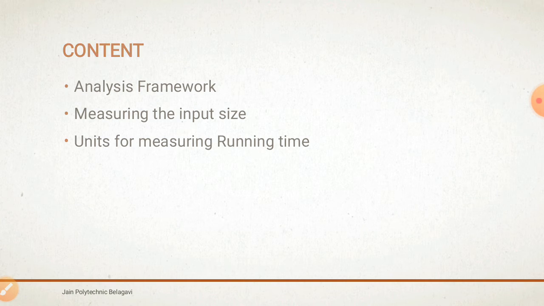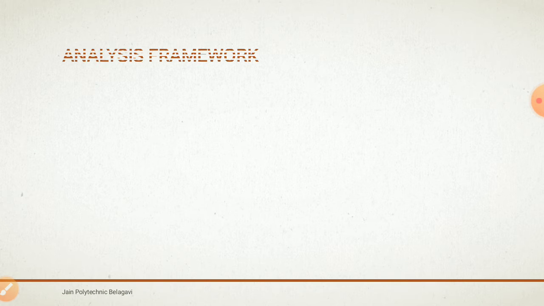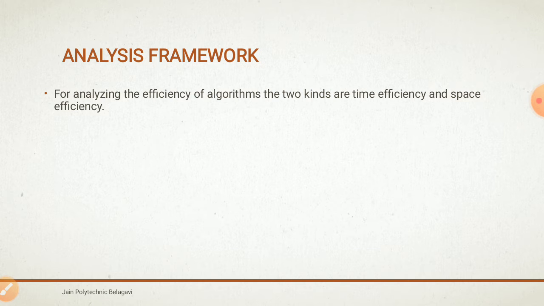Then we'll switch to the analysis framework. What exactly the analysis framework is? It is used for analyzing the efficiency of algorithms. Then the two kinds are time efficiency and the space efficiency. The time efficiency indicates how fast an algorithm runs.